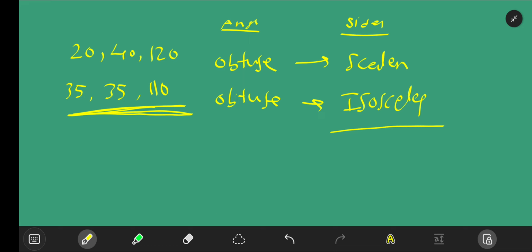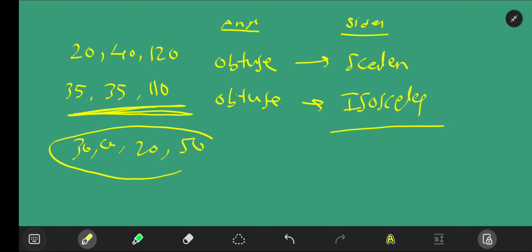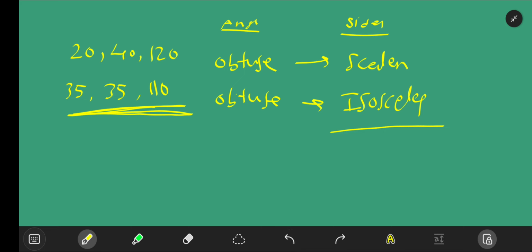Now if I give the sides, suppose 30 centimeters, 20 centimeters and 50 centimeters, I will give the side lengths like this. Then you need to identify which type of triangle it is. Now for this we need to have a few formulas.